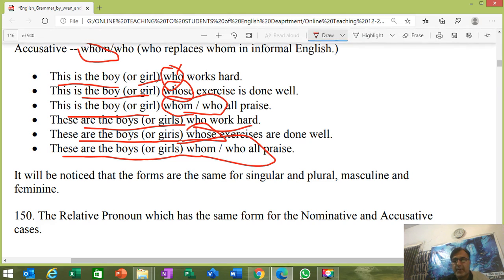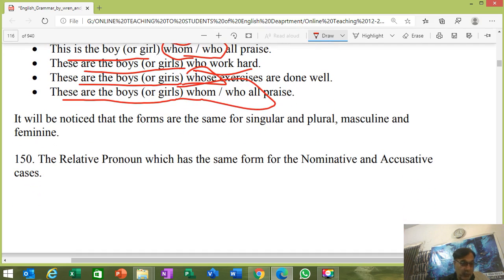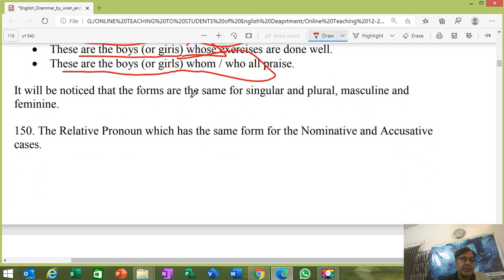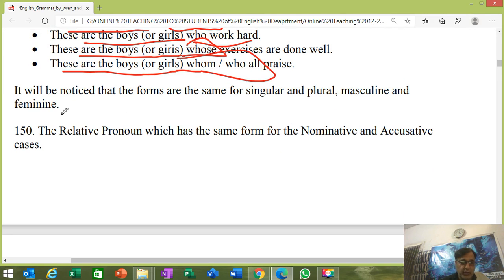From the sentences, they are quite clear. It will be noticed that the forms are the same for singular and plural, masculine and feminine. These forms can be used for both feminine and masculine.